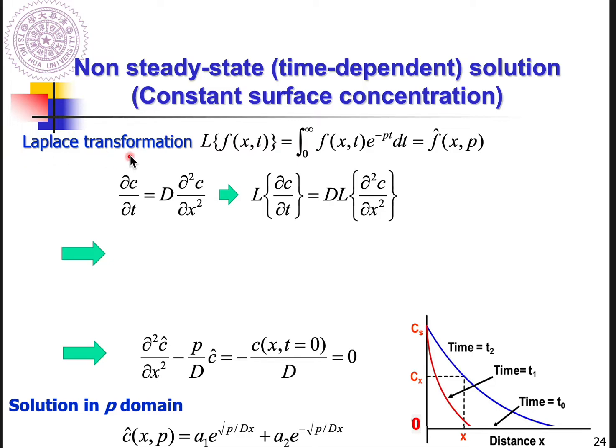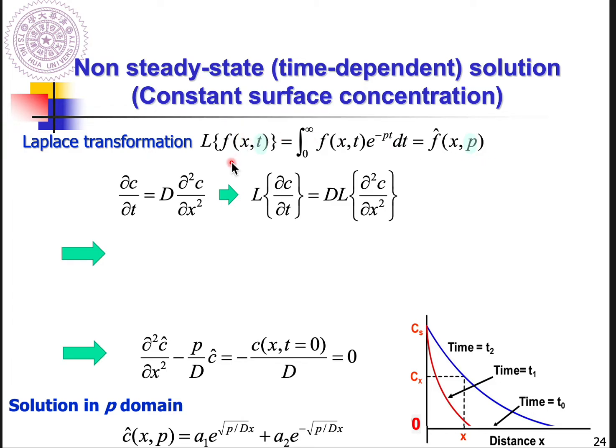So what's a Laplace transformation? If you apply the Laplace operator on the function f, where f is a function of x and t, the Laplace transformation actually converts this function from the t domain to the p domain, and we use f hat to represent it after the Laplace transformation.